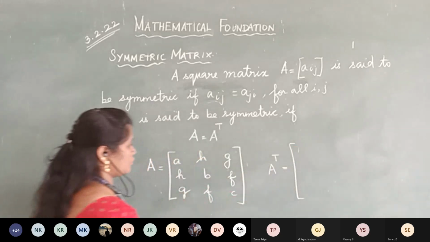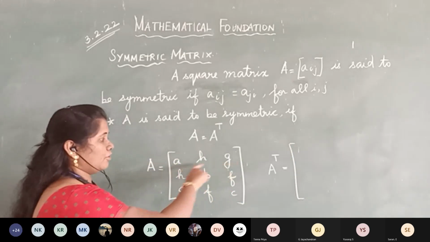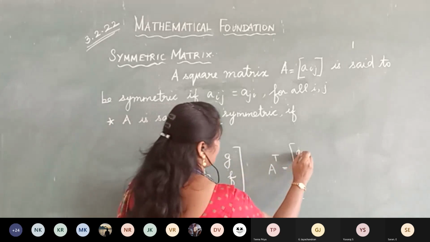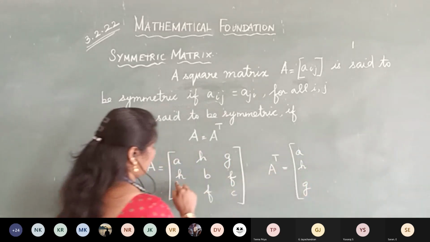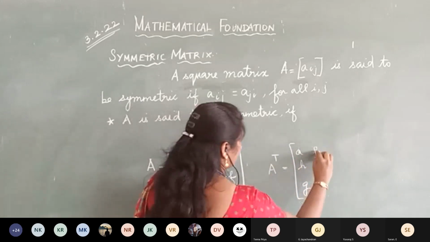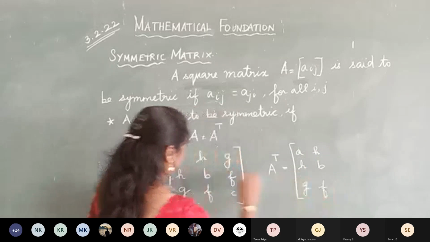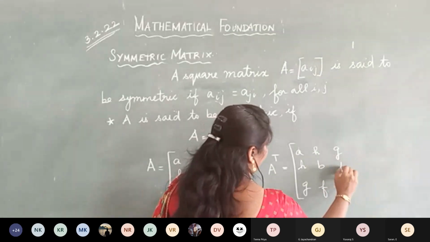If you see your A transpose, you will take your columns into rows and your rows into columns. So the first row will be A, H, G. Again, your second row, H, B, F. Third row, G, F, and C.